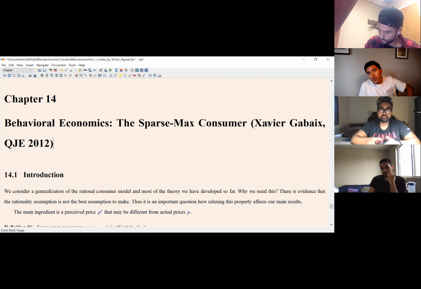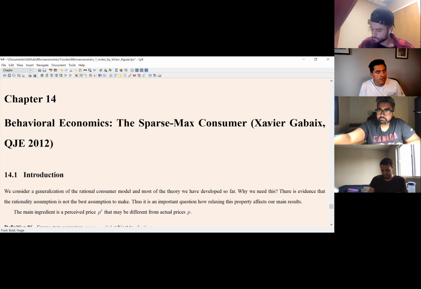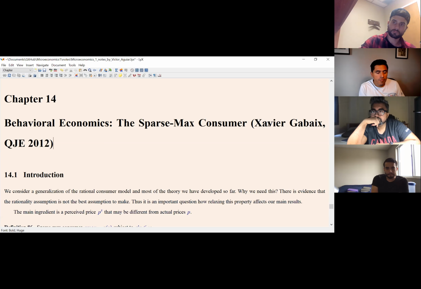I learned about this paper when I was in grad school. I entered grad school around 2012, so this paper got published then, and right now it's a big deal. It's a really cool, very simple framework that allows you to understand these violations of rationality in a more systematic way.